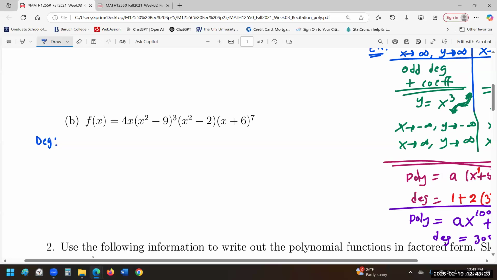So our degree of the polynomial is 1 for the first one, 2 times 3 for the second one, 2 for the next one, and 7 for the last one. You take the powers on every factor, and then you add them. So we have 7, 8, 9, 10, 16. So the degree of this polynomial is actually 16.